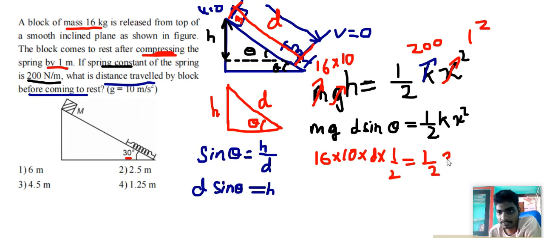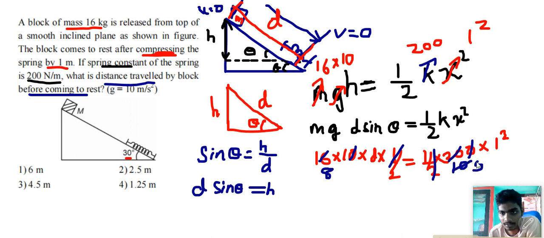k is given as 200, and x is 1, so 1 square. The half cancels on both sides, and the zeros cancel, leaving 8 times 10 d on the left, which simplifies to 4d equal to 5.